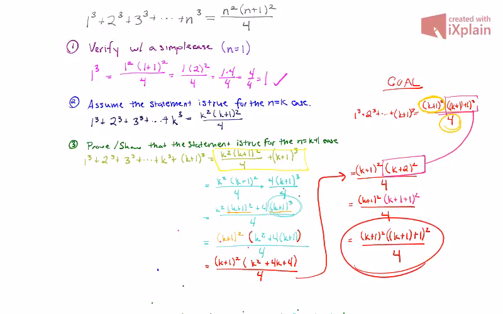So we can conclude that, therefore, 1 cubed plus 2 cubed plus 3 cubed plus all the way for any case, whether it be the k plus 1 or just n, this statement is true every time.